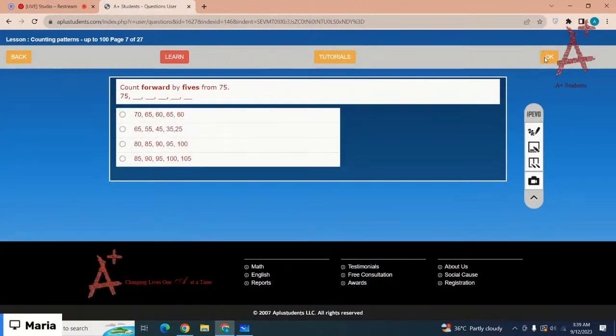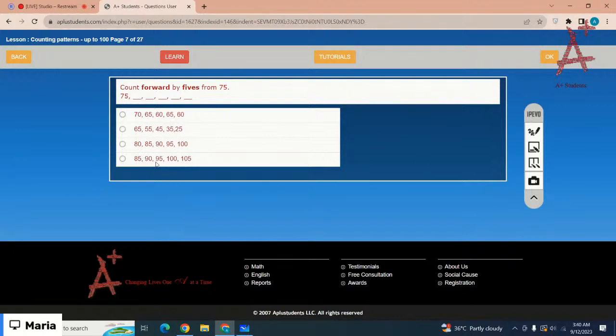Count forward by fives from 75. So which is the correct option? You have to start with 75.